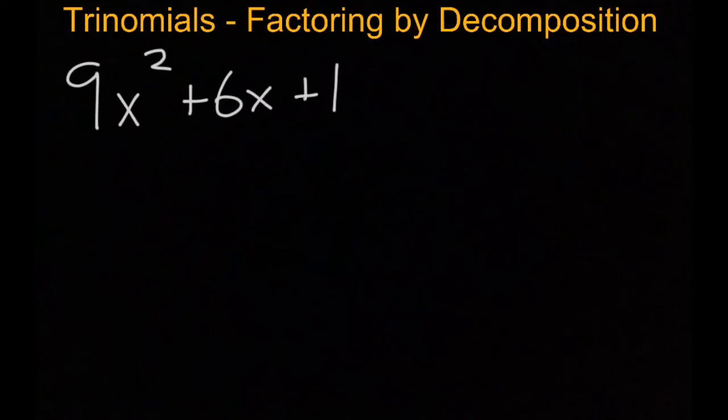Here's another question. 9x squared plus 6x plus 1. Feel free to pause the video and work on this by yourself. So, the first step. What two numbers can multiply to 9 but also add up to 6? So let's make a factoring chart.